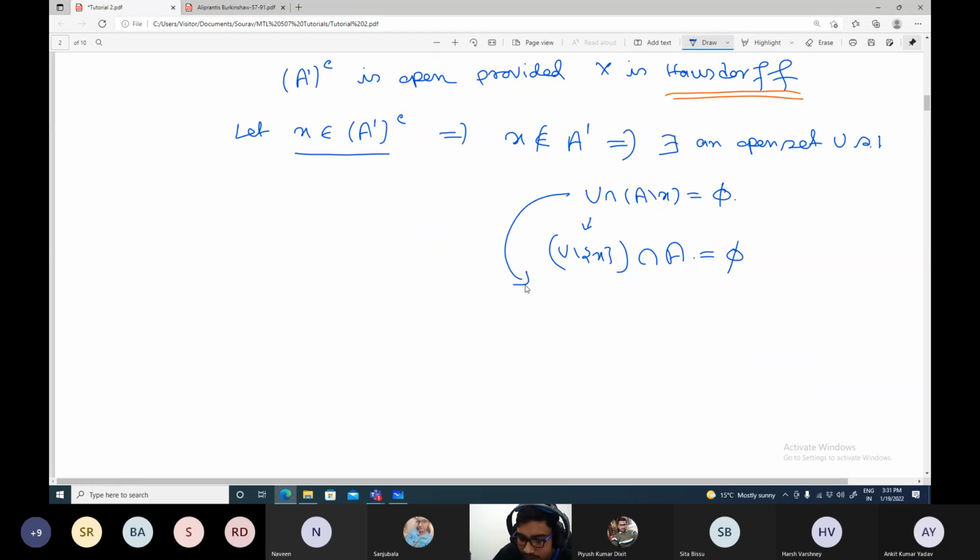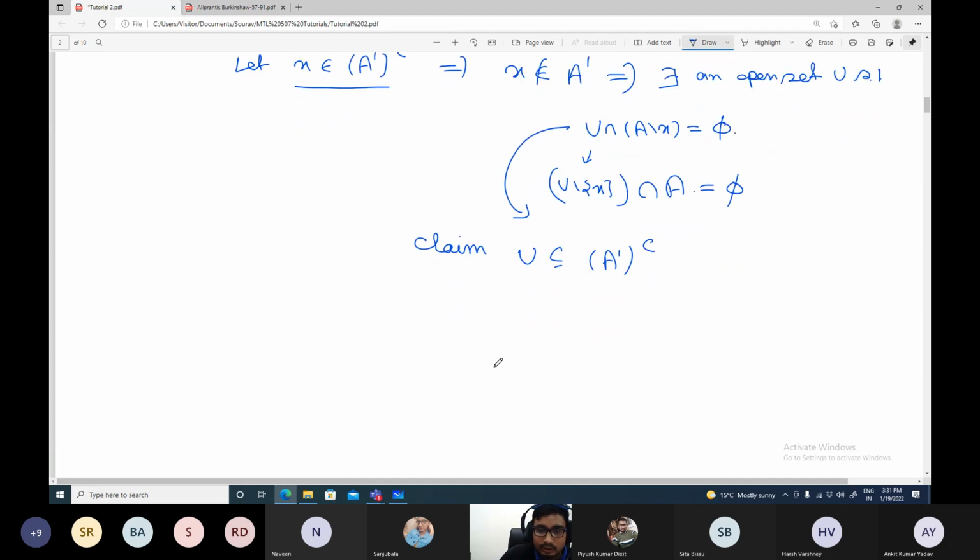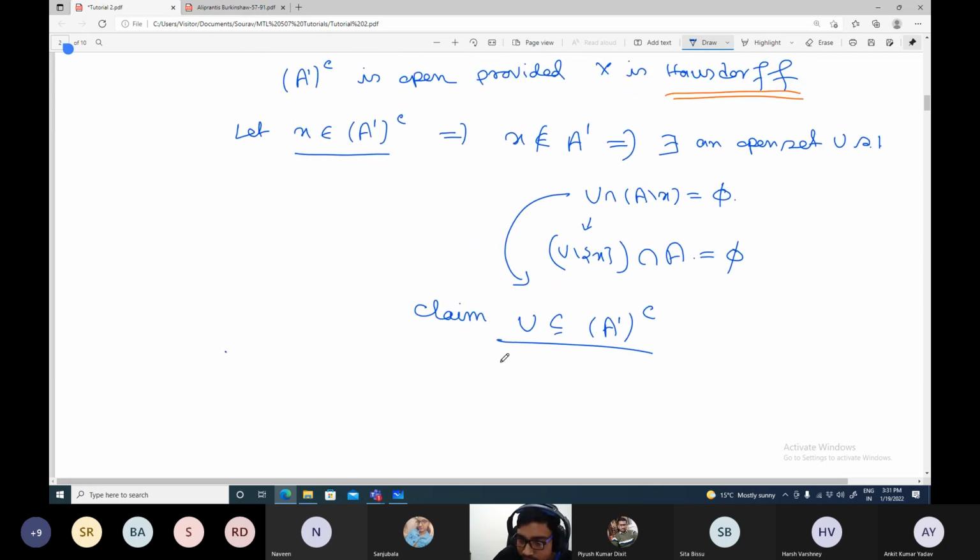Anyway, from here our claim is that this U is a subset of A dash complement. If we are able to prove that U is contained in A dash complement, then U will be a neighborhood of X, such that X belongs to U. This is very important. So this U will be a neighborhood of X contained in A dash complement, and therefore it will be open.